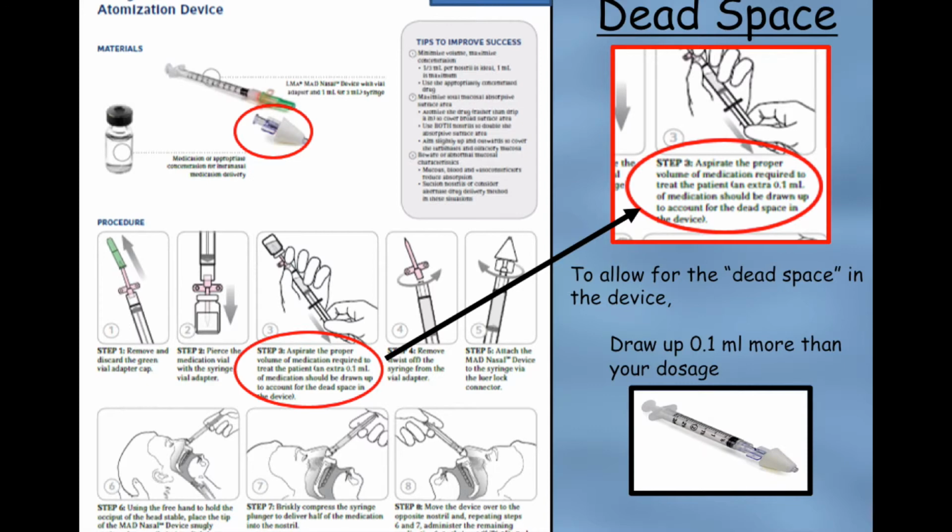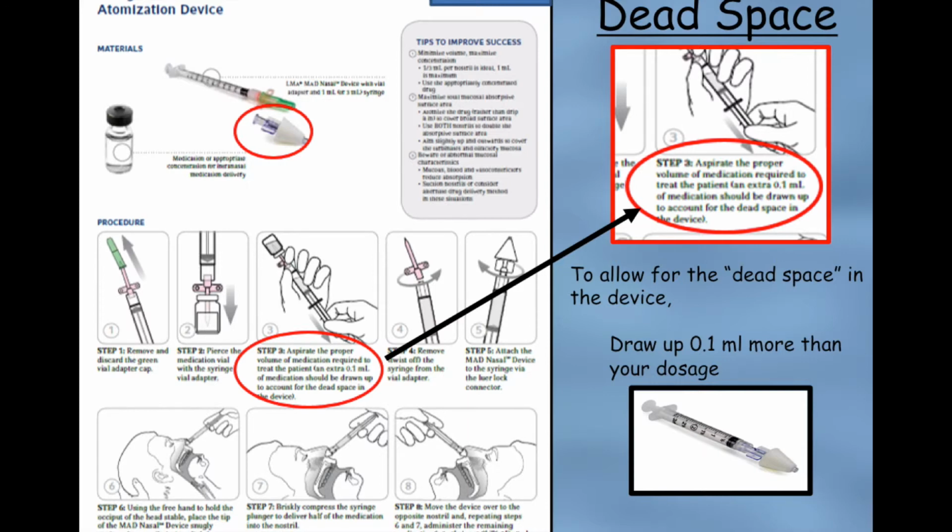And then it gives steps on medications, how to remove the medication and aspirate the proper amount. I circled step number 3, and it's enlarged up here on the right because you'll see it says to aspirate the proper volume of medication required to treat the patient, and an extra 0.1 milliliter of the medication should be drawn up to account for dead space in the device.